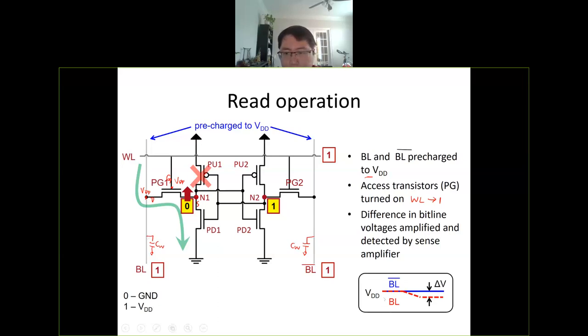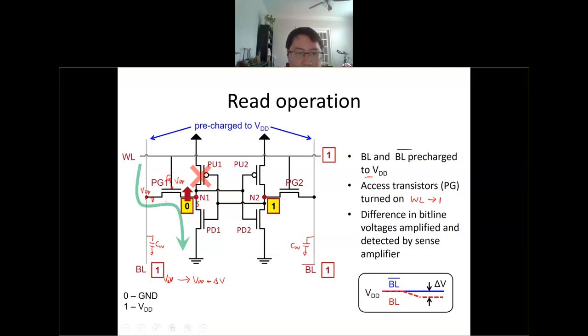So if you look at the waveform here, initially, the bit line is VDD, the red line. And then, once you turn on the word line, this discharge current, this green arrow, will discharge the bit line. So you will have a decay of the bit line voltage. Initially it is VDD, now it will become VDD minus this delta V, which is a decay of the bit line voltage.